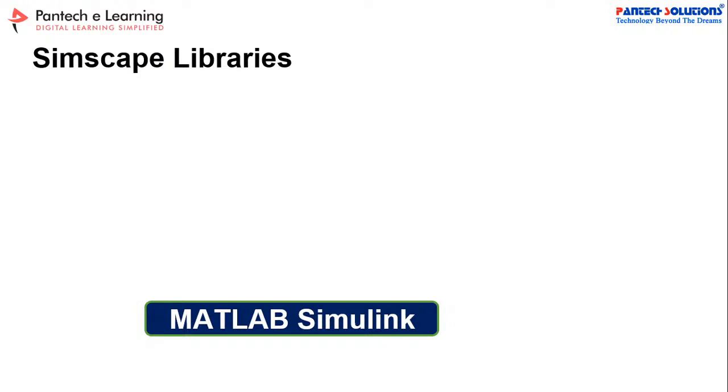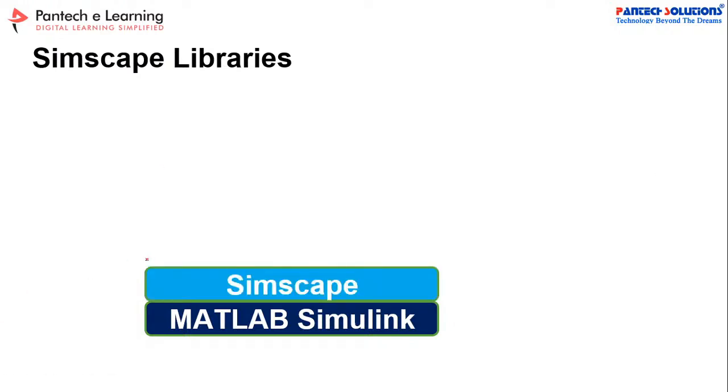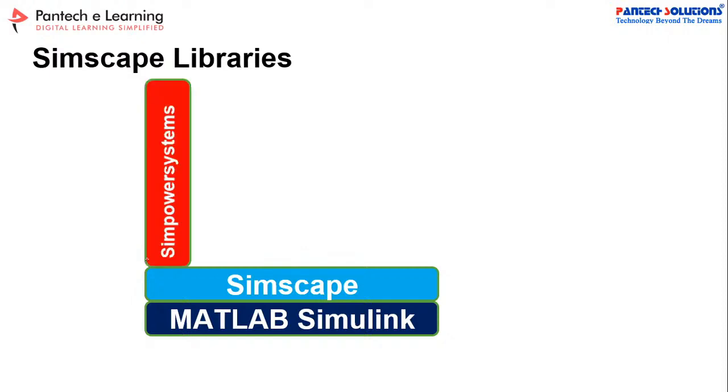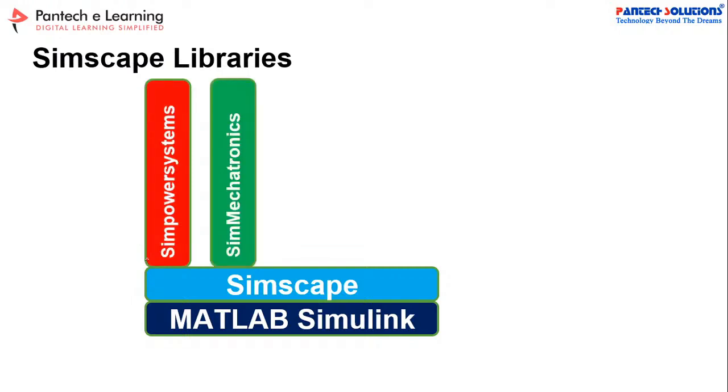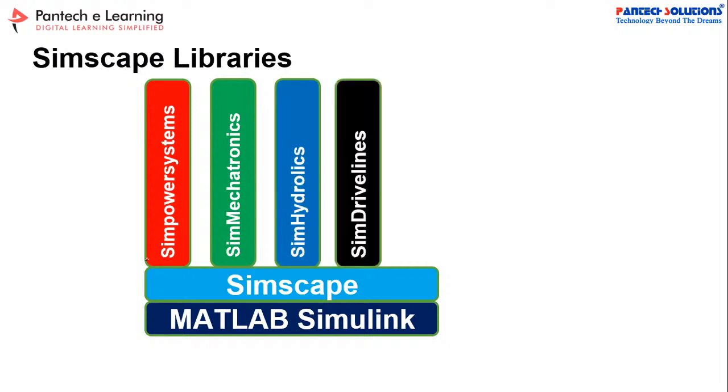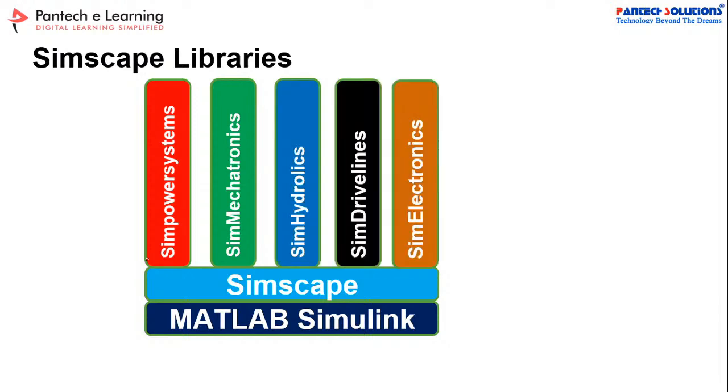Yes. So under Simulink, you have the basic libraries. The first one is Simscape, and Sim Power Systems is the default library. After that come Sim Mechatronics, Sim Hydraulics, Sim Driveline, and then Sim Electronics.